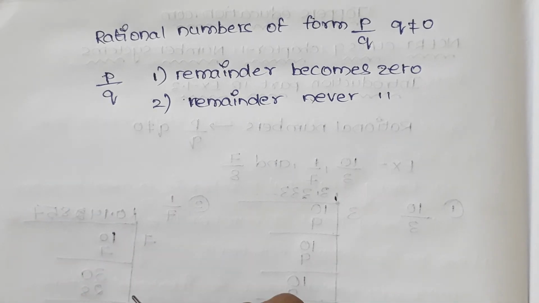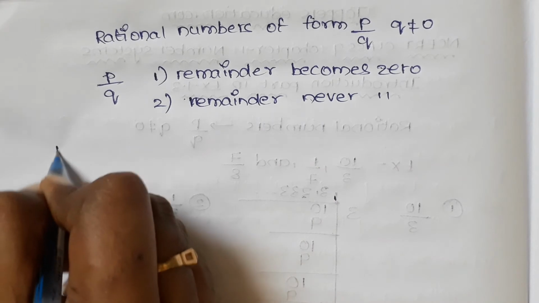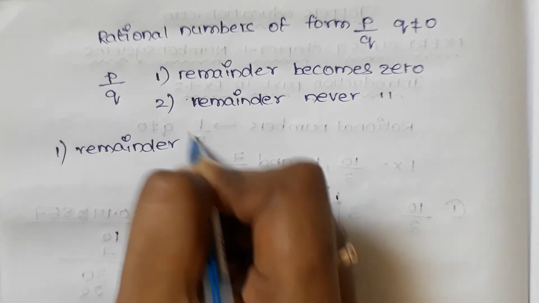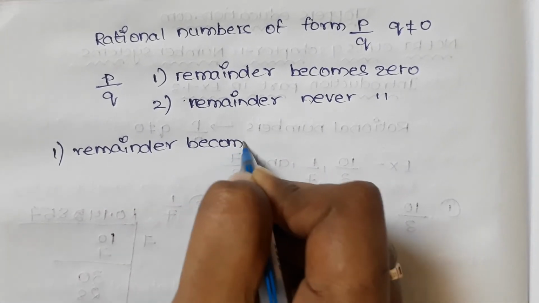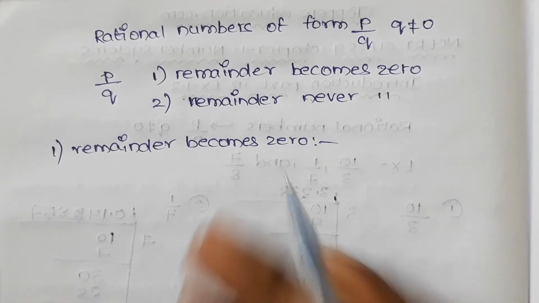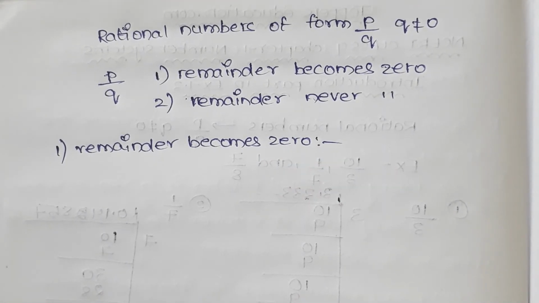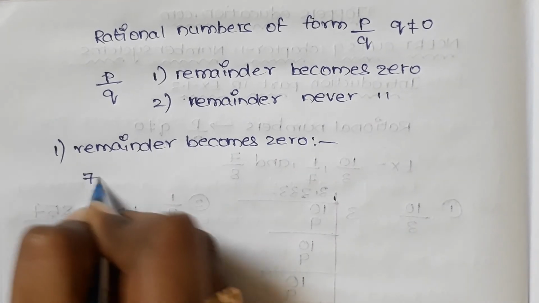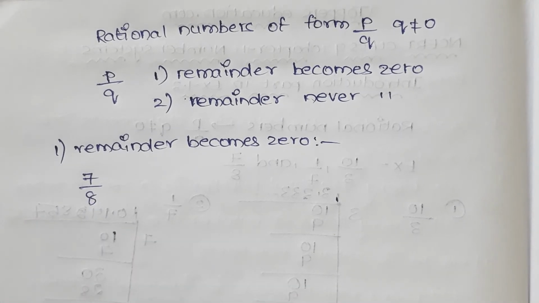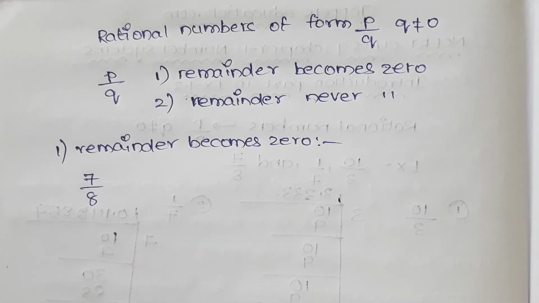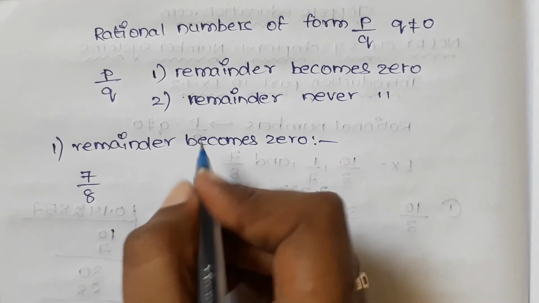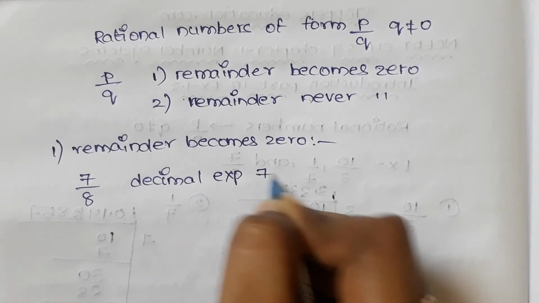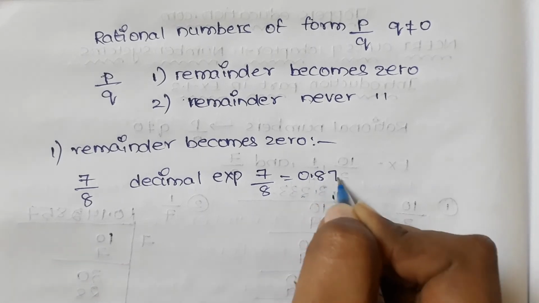Now let us see each case separately. The first case is that the remainder becomes 0. As we have seen in the examples above, we take the 7 by 8 example. In this 7 by 8 we got the remainder 0 after certain steps, and the decimal expansion of 7 by 8 is 0.875.